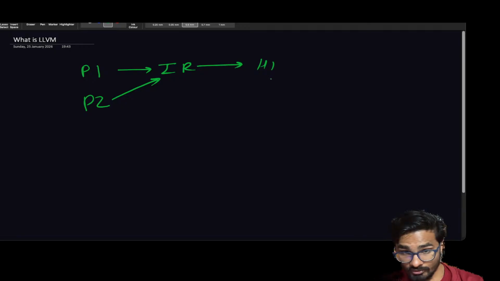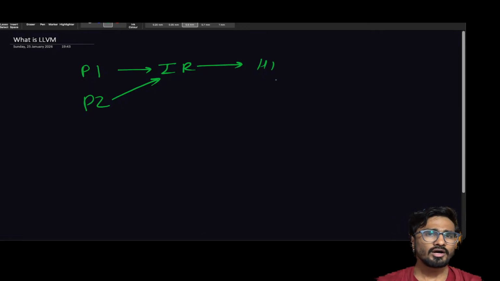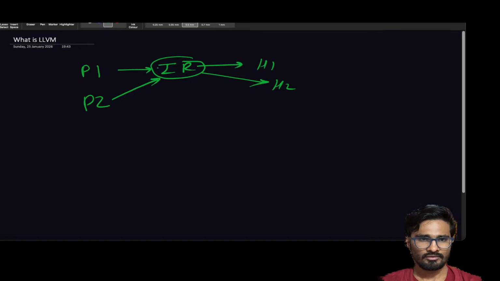Now if new hardware H2 comes, then also we don't have to worry much about anything. We just have to write the IR for this. So how many times am I writing a compiler? 1, 2, 3, 4. Now P3 will come, then I have to write this translation once and this translation twice. 5, 6.